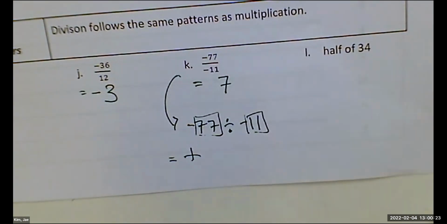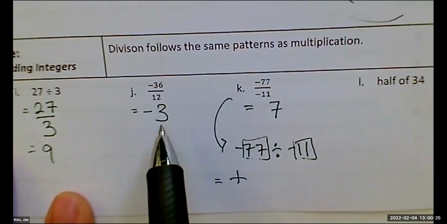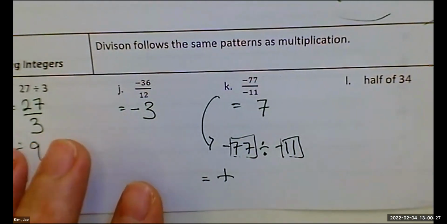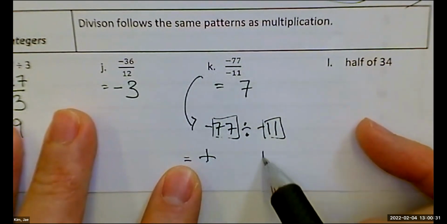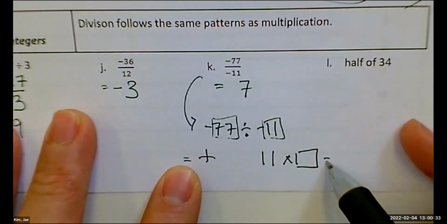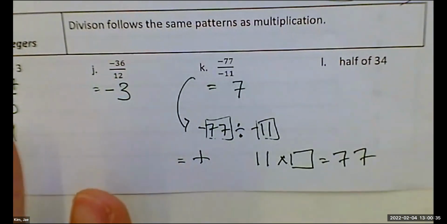It's the same idea as all the other ones, where you have to find out how many times one fits. Correct. So it's like 11 times what gives me 77. That's the question that we're asking.